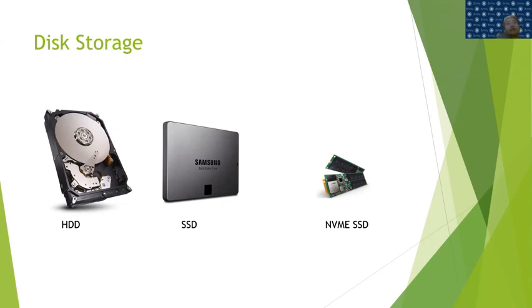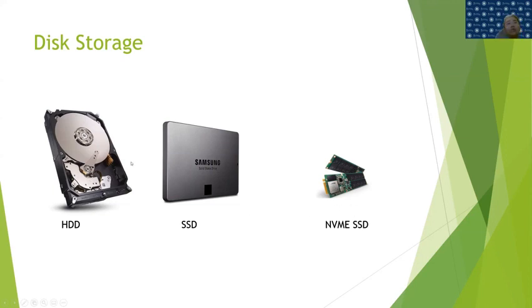Now, in disk storage, there are actually three major types used today, unlike in RAM. The first one is the hard disk drive, also known as the HDD, to the very left, the traditional solid state drive, or the SATA SSD, in the middle, and lastly, the NVMe SSD at the very end.